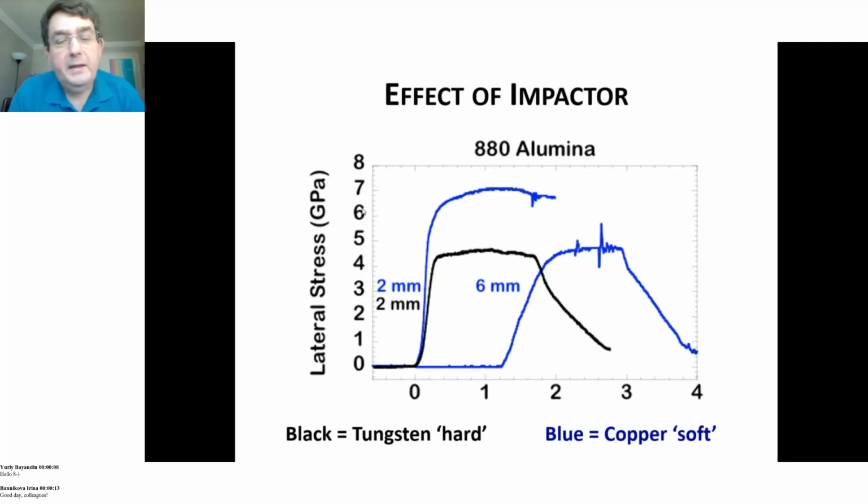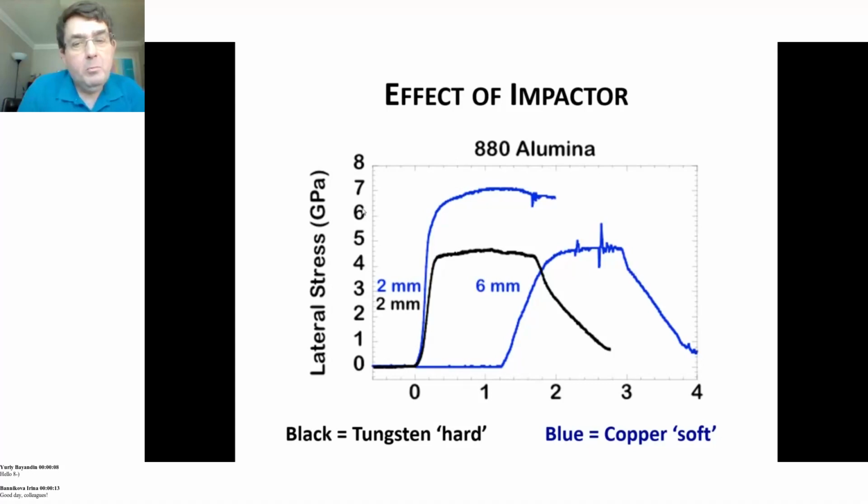If you go deeper into the target, 6 millimeters, it's always a much lower stress with a longer ramp time. With the tungsten, the harder impactor, trying to induce the same stress levels in the target, hitting it at a different velocity, at 2 millimeters you're just getting that lower stress level. So cover plates have an effect, and the type of impactor has an effect.